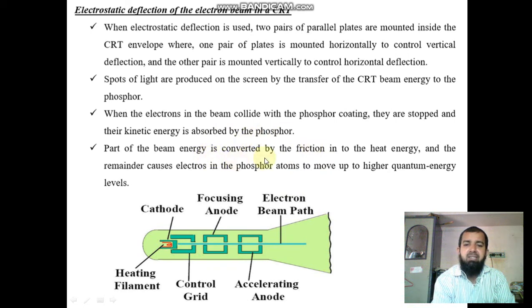Part of the beam energy is converted by friction into heat energy, and the remainder causes electrons in the phosphor atoms to move to higher quantum energy levels.